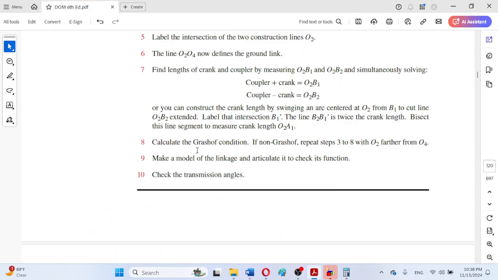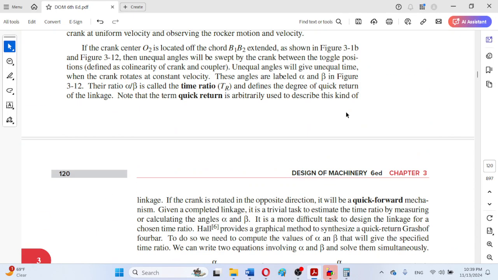the return stroke. So here it states that their ratio alpha by beta is called the time ratio, or capital T subscript R, and defines the degree of quick return of the linkage.